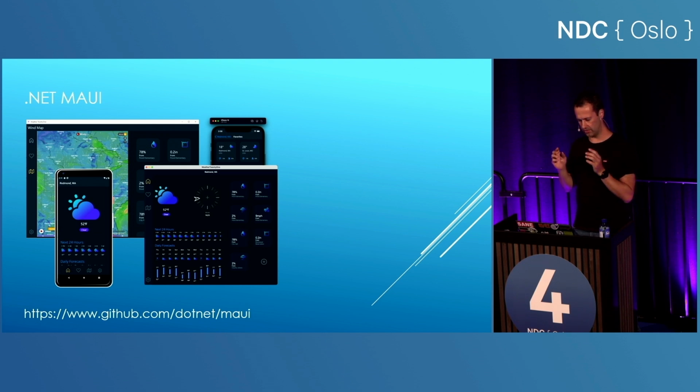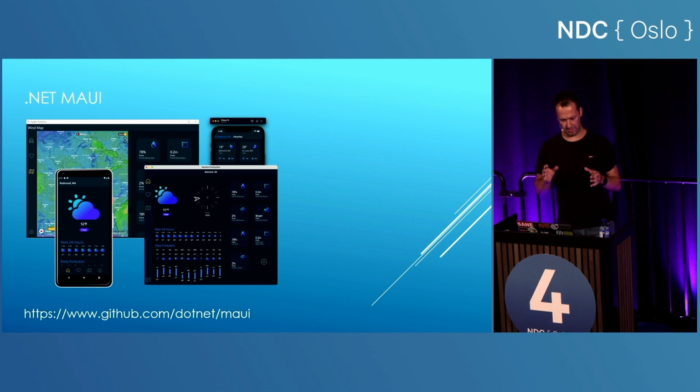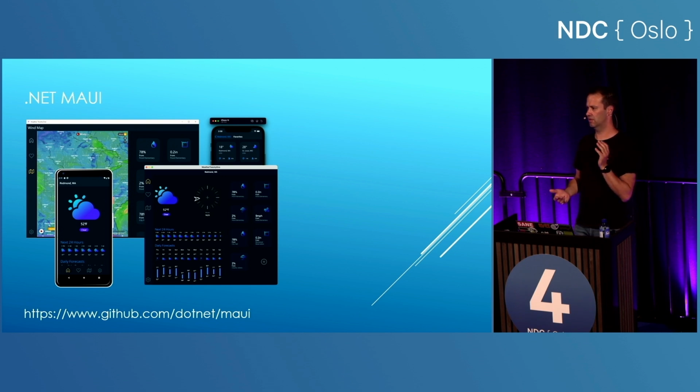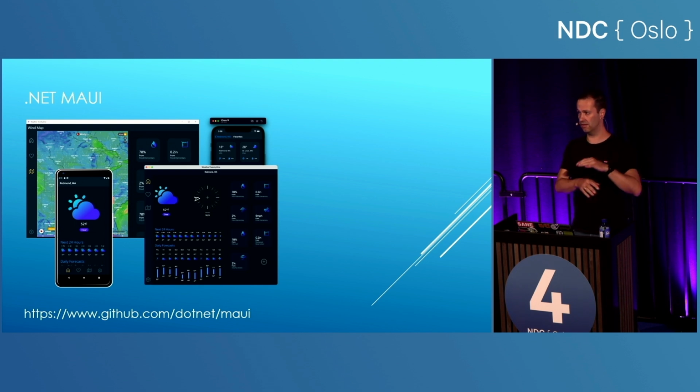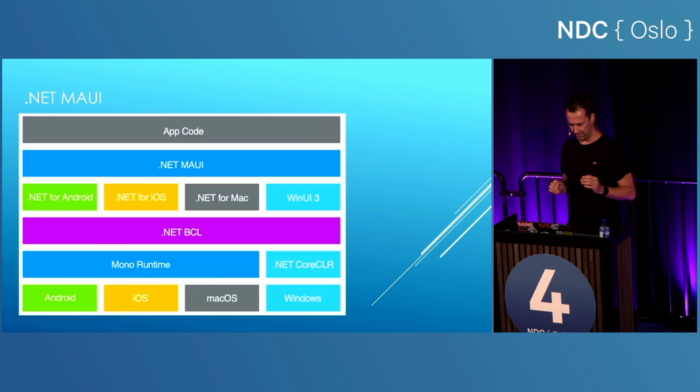So Maui is your multi-platform application framework, meaning that we can write platform-native applications and run them on Android, iOS, Windows, macOS, and probably even more that I'm not aware of. And that's important to know. These are native applications. This is not a web view rendering HTML and whatnot. This is actually native stuff. And this is how they do it.